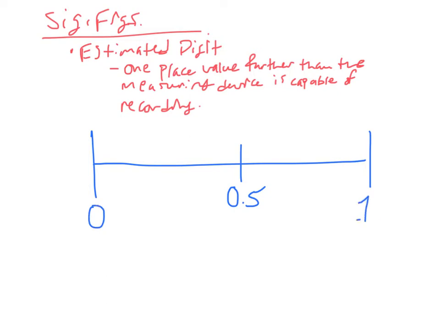So let's set this up and let's just go ahead and say this is a meter stick and that we're going to measure some object, maybe a block or something, and that the block comes out this far. Okay, so if we just extend this line down here, that's where the object needs to be measured to.